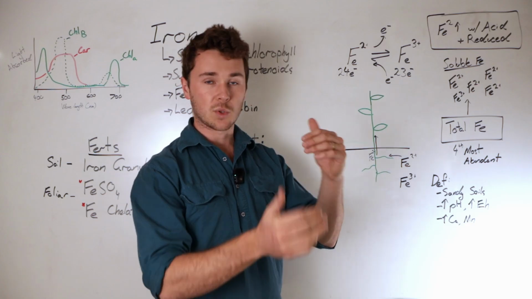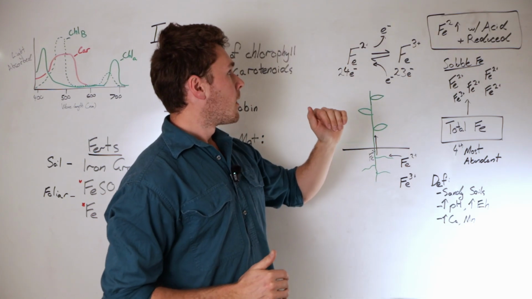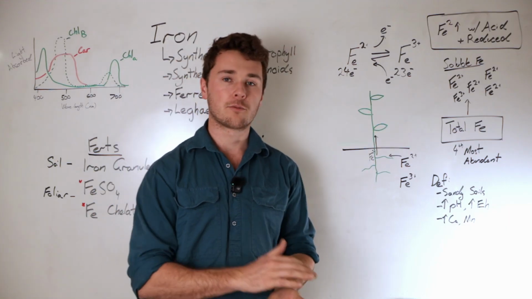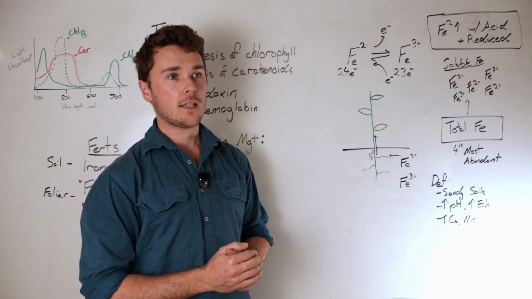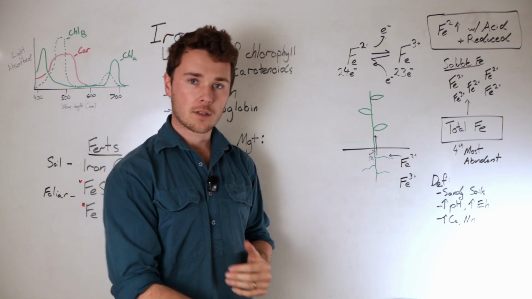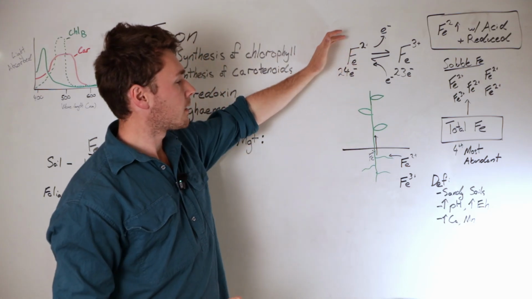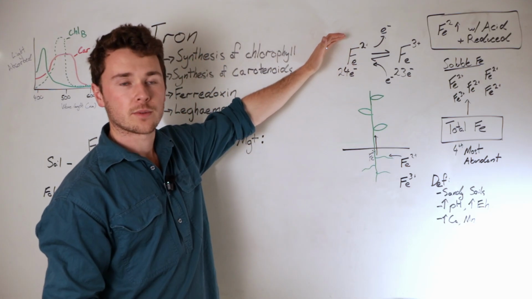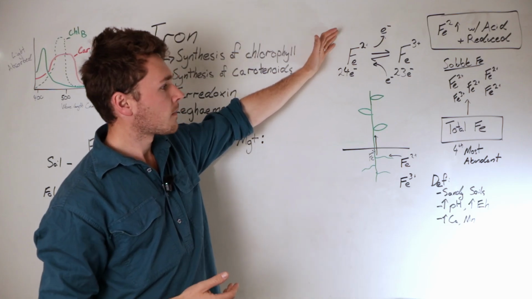So again, there's two states, there's oxidized, or there's reduced environments. When we're talking about the reduced environment, which is more favorable for iron uptake, we need to think of, say, waterlogged conditions or sour conditions. That is typically a reduced environment. So waterlogging and lack of oxygen, anaerobic.